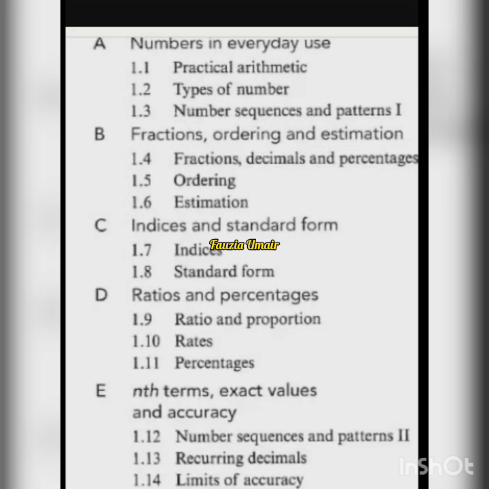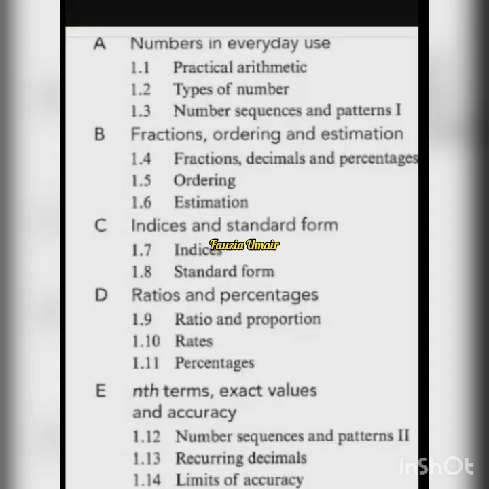One is the simple questions where sequences and patterns are there, and the other is where the nth term is there. You need to make an algebraic formula of a sequence. So a bit more difficult questions are there. Decide later and then tell me.